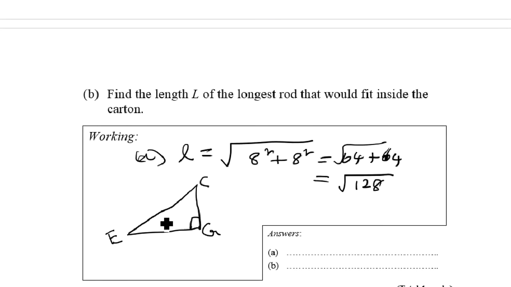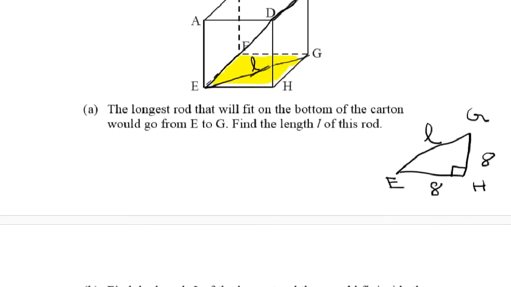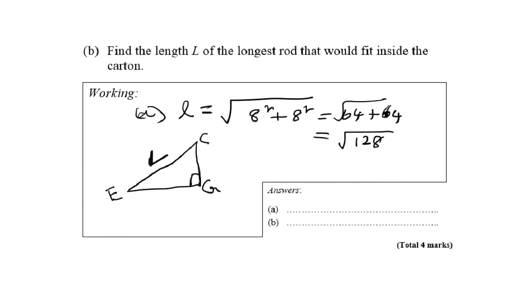And you're going to find this length EC, capital L, and you know that EG is square root of 128 and this is 8.